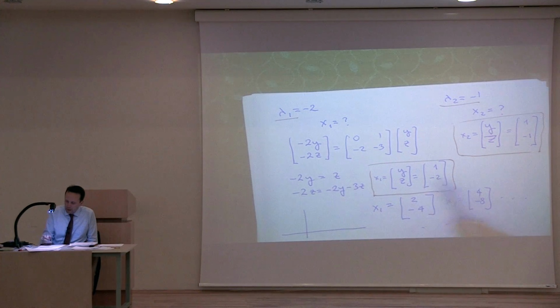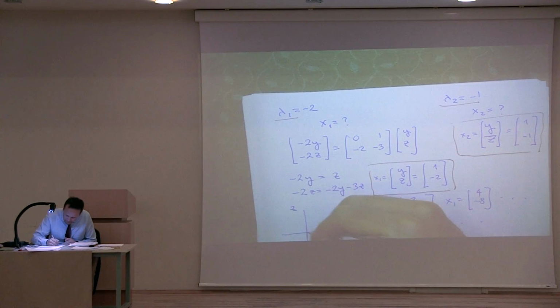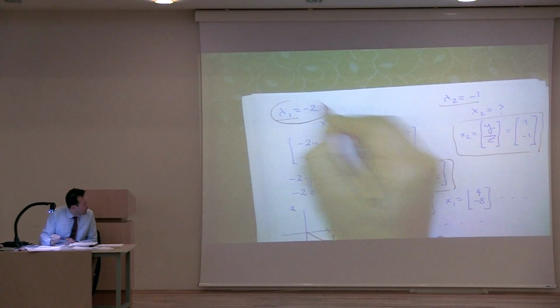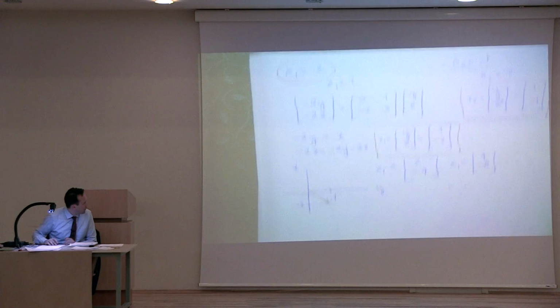So for instance, here for y and z, z is minus 2 and y is equal to 1, right? So it's basically this line here. This is the eigenvector for lambda equals minus 2, sorry.